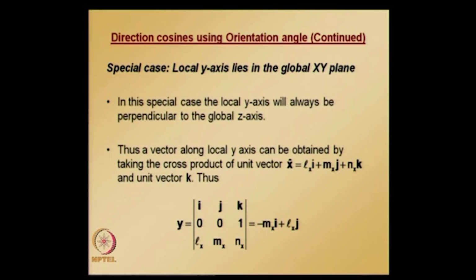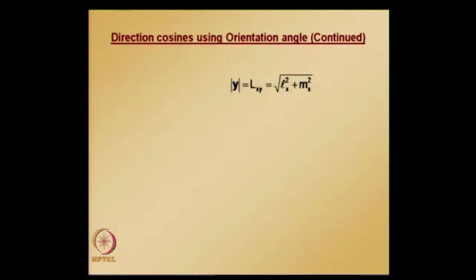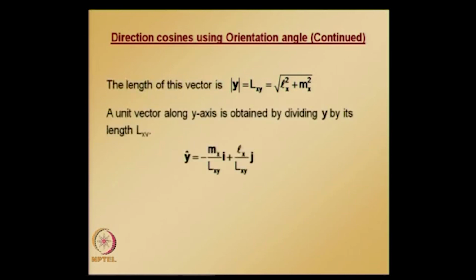The length of this vector can be obtained from Mx and Lx, and using the length of the vector, if we normalize it, then we are going to get the unit vector along the local y axis. So, this is the length of this vector. The unit vector along the local y axis is obtained by dividing vector y by its length.